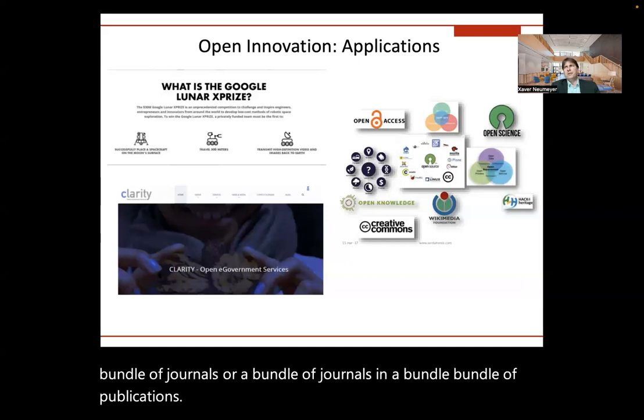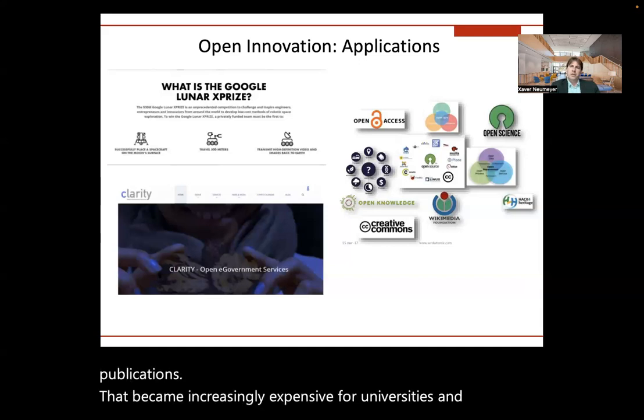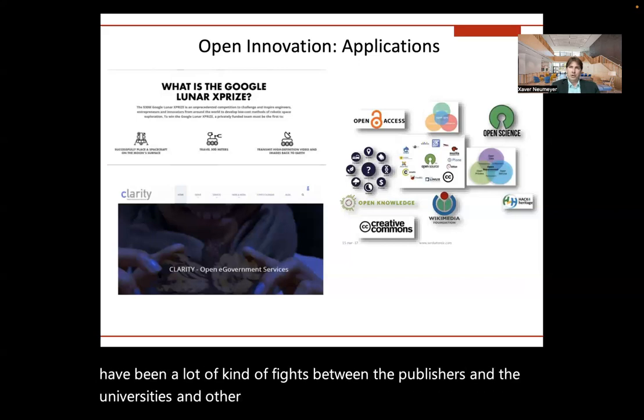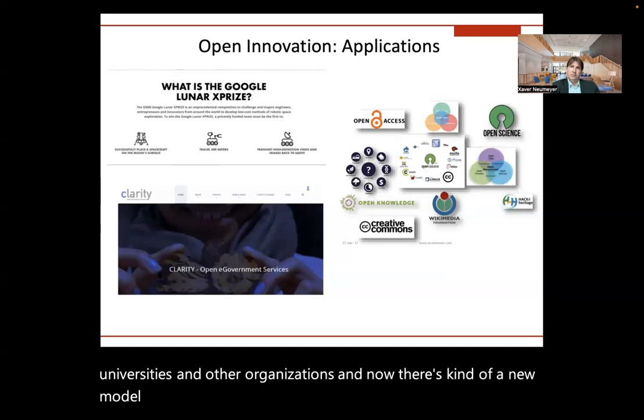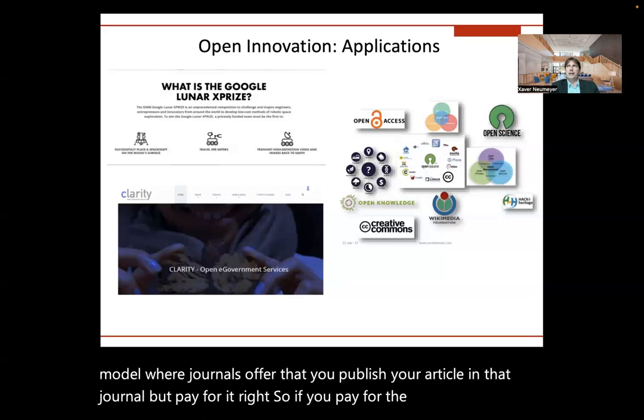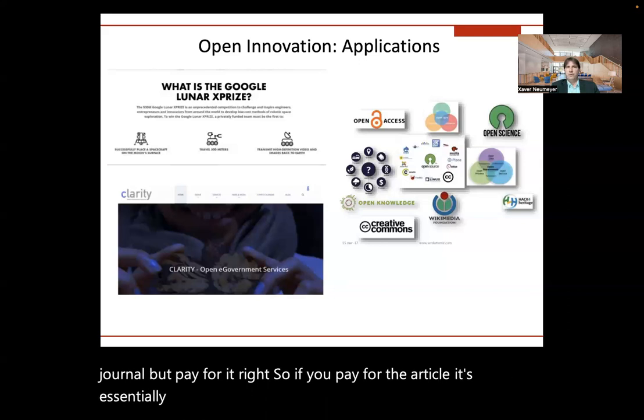And now there's a new model where journals offer that you publish your article in that journal, but pay for it, right? So if you pay for the article, it's essentially becoming open. You pay for the article to become open access, so that everyone in the public can just Google the paper and they can download it, they can view it, et cetera, et cetera.